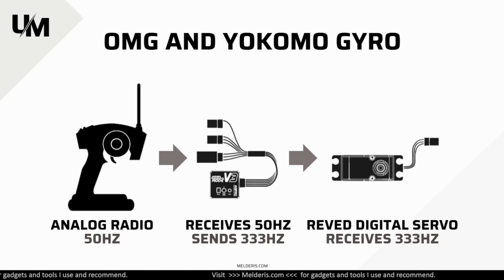So if you go with AGFRC version 3 or the latest MST MGX gyro, your system, even with the RevD RSST digital servo, still will be working only at 50 Hz. So the setup still will be working just fine, but you are pretty much missing out on the digital servo high frequency benefits.